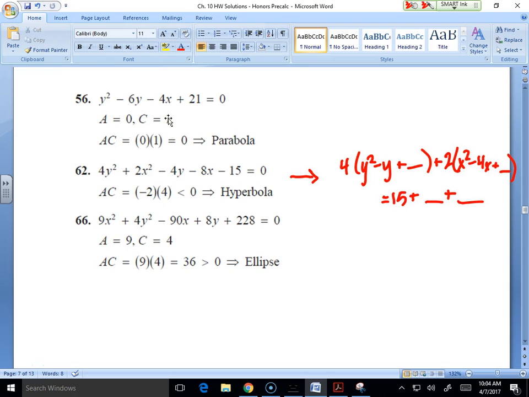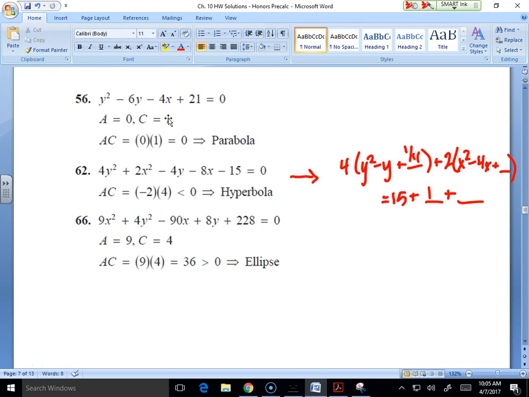When we complete the square, that would be negative 1, cut in half would be negative 1/2, squared would be 1/4. Should be 1, because of the outside.